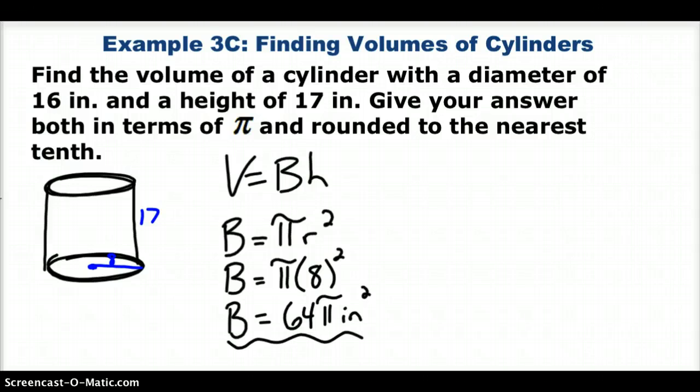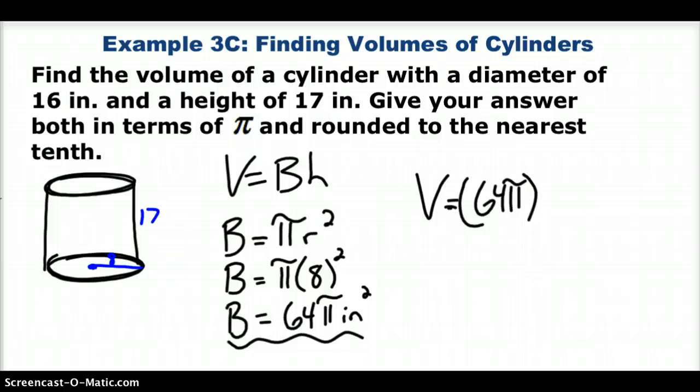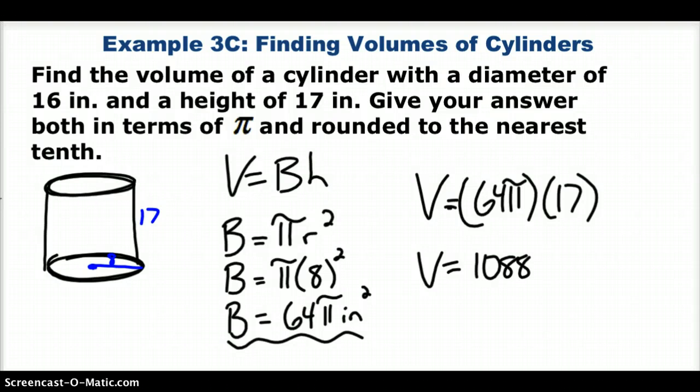Now I'm going to plug that back into my volume formula. So my volume will be equal to 64 pi multiplied by our height, which is 17. And they want two different answers, remember, right? So our volume is going to be equal to 64 times 17, which gives us 1,088 pi.